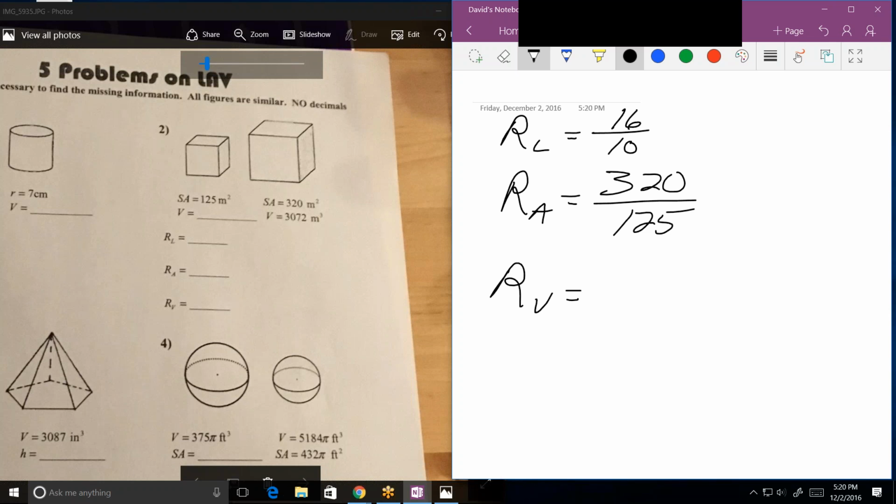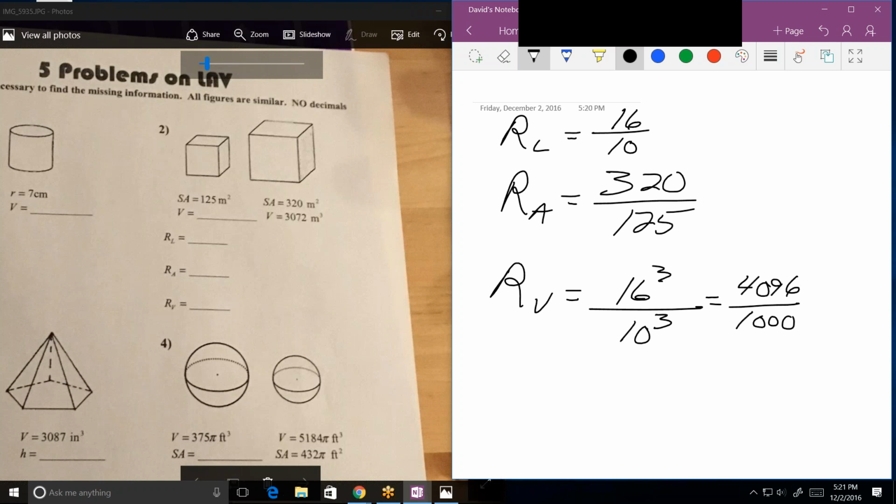It's 16 cubed, right? So it's 16 cubed divided by 10 cubed. 4,096 divided by 1,000. So that ratio is greater than 4 to 1.